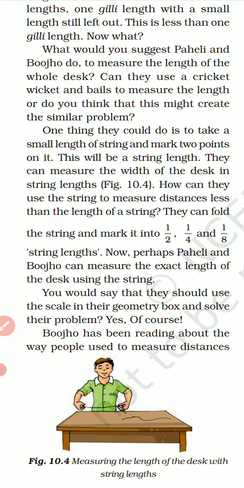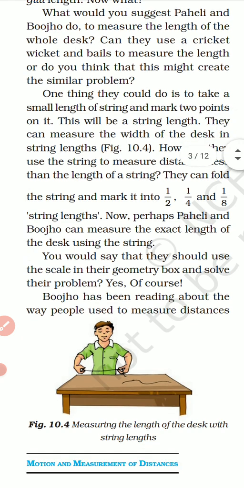No. One thing that they could do is to take a small length of the string and mark 2 points on it. This will be a string length. They can measure the width of the desk in the string. Okay. How can they use the string to measure distances less than a length of a string?